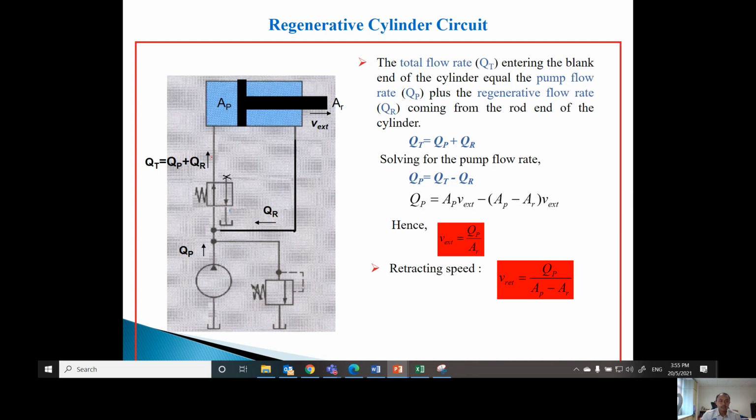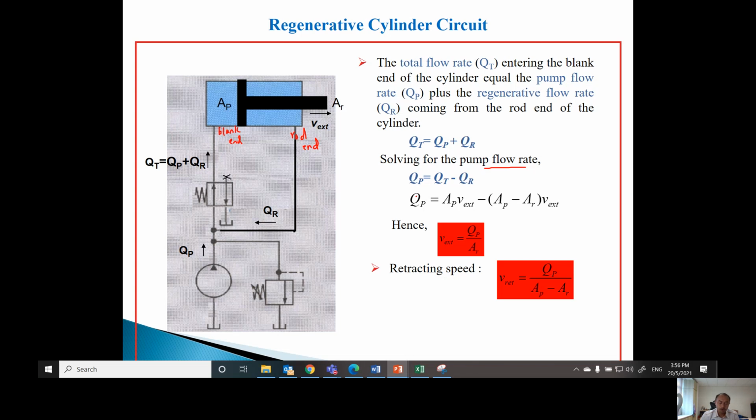Therefore, the flow going into the blank end of the cylinder, this is the blank end and this is the rod end, which I hope you are already familiar with, is now equal to QP plus QR. So QT equals QP plus QR. If we solve for the pump flow rate, QP equals QT minus QR.